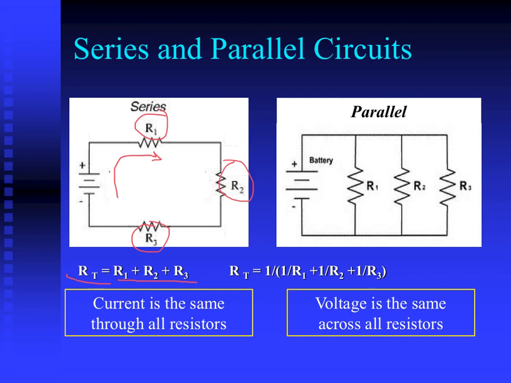You can see then that the total resistance in the series circuit is going to be a lot greater than any one of the loads in the parallel circuit. So let's look at the parallel next.